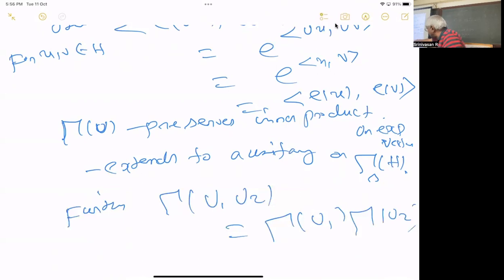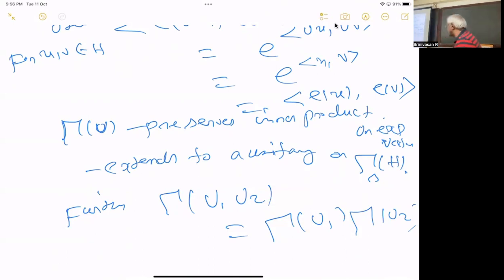So this relation is satisfied on exponential vectors, so it will be satisfied everywhere. If an algebraic relation is satisfied on a total set, then it will be satisfied on the whole vector space, because it's only extended linearly and through limits, and as far as these things are continuous, it's okay.